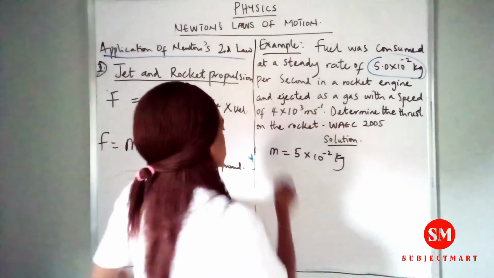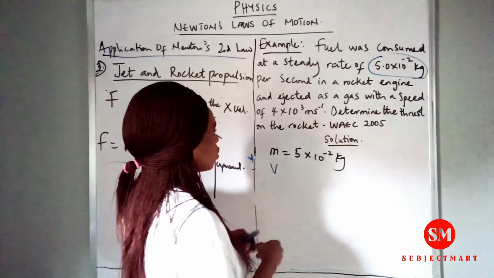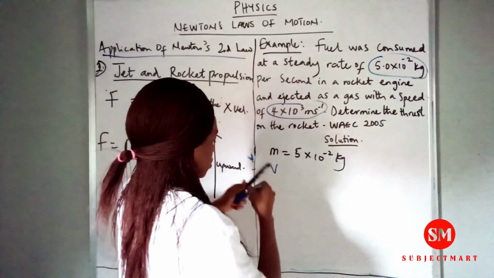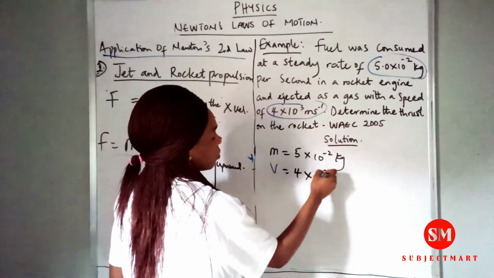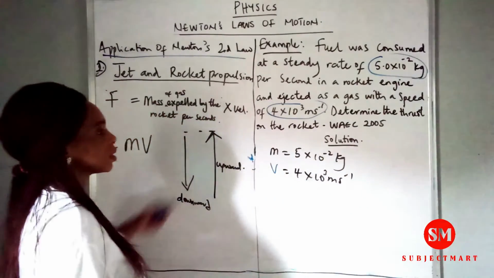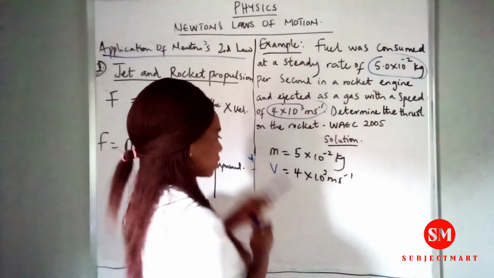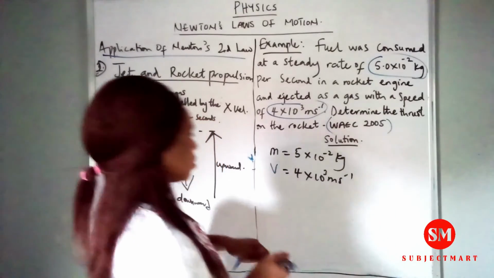And it is ejected with a speed, we use speed and velocity interchangeably. So here we have the speed to be 4 times 10 raised to the power 3 meters per second. To determine the thrust on the rocket, the thrust is the same thing as the force on the rocket.